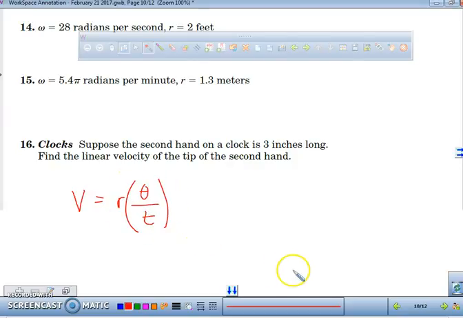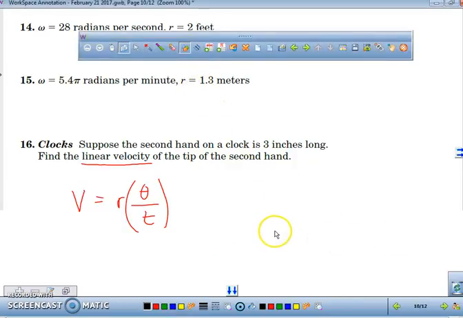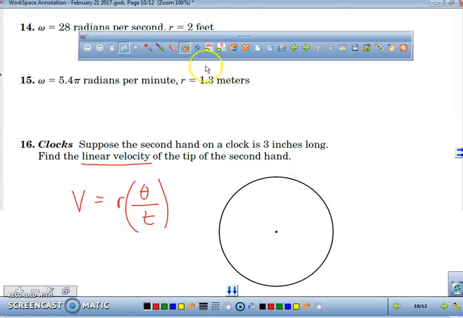You have to find all three elements to be able to find your linear velocity for problem number 16. But all the other problems, you should be able to work out pretty easily, and we'll figure out number 16 here in a second. Number 16 is a little bit hard because you have to figure stuff out, so we're going to make a little clock.